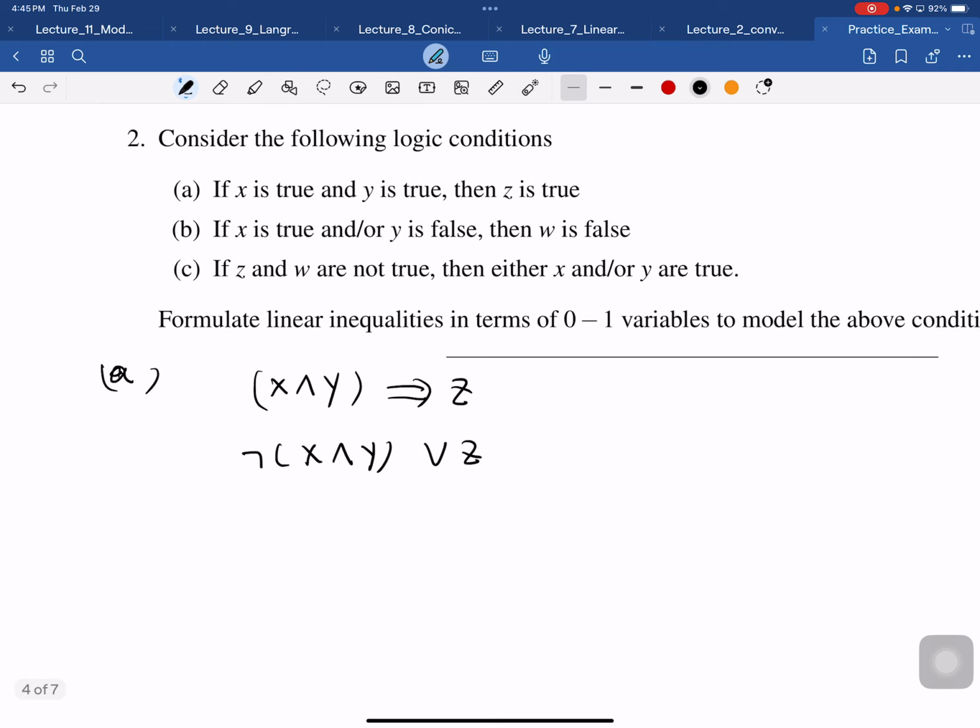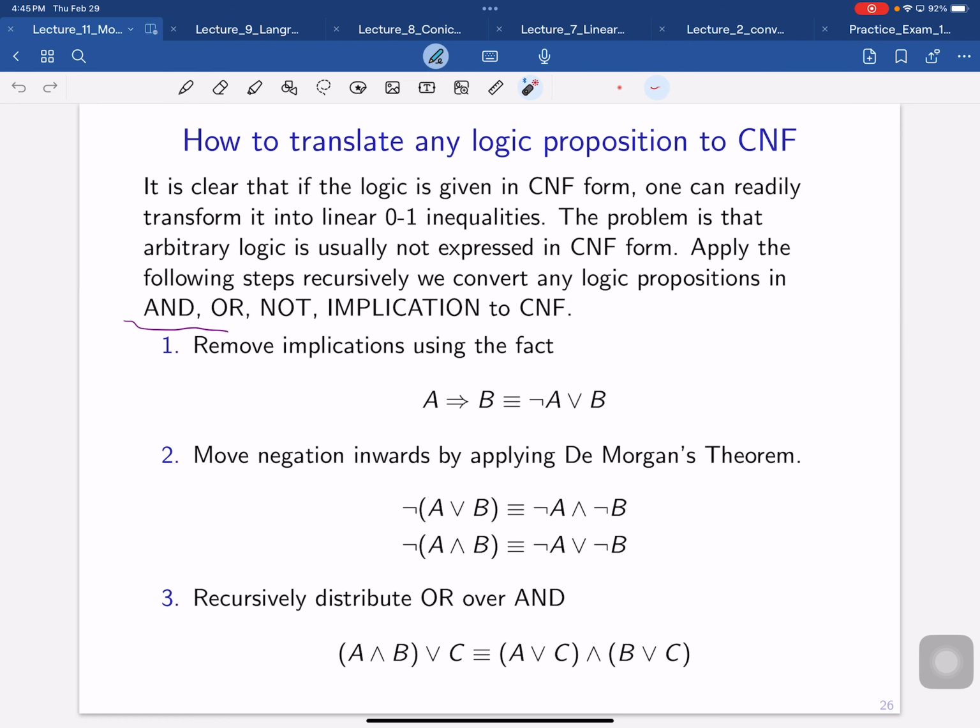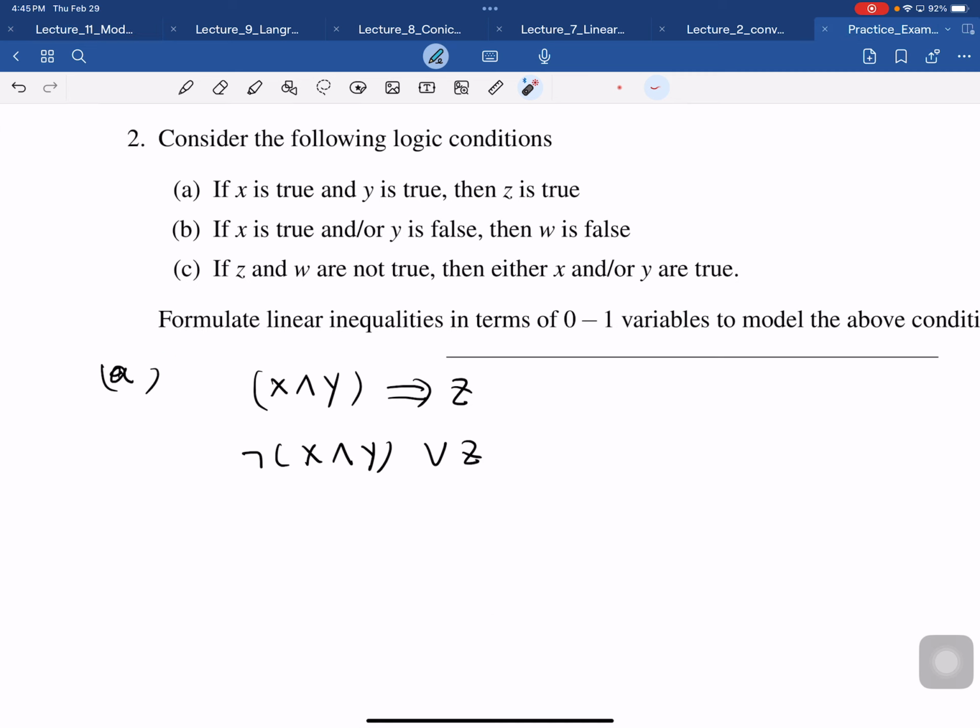And now you have a negation outside the parenthesis. You can follow the second step to bring the negation inside, right? So this is nothing but the negation of x or the negation of y or z.